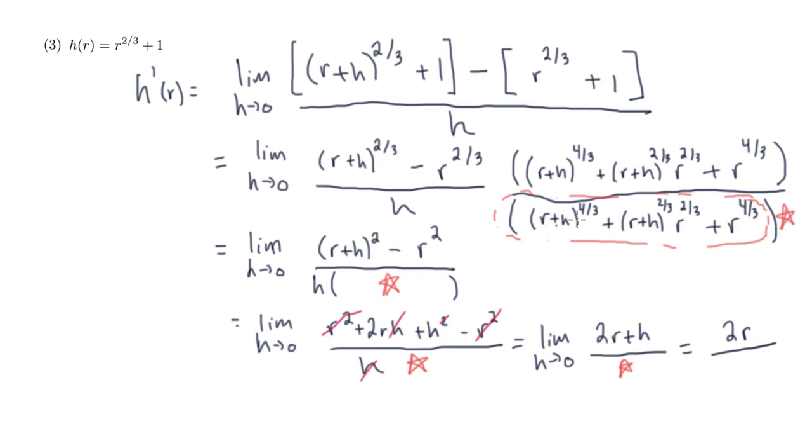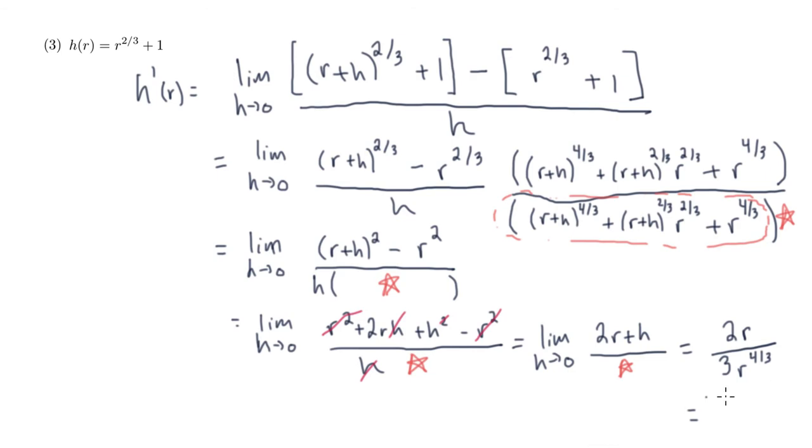Well, we're going to get r to the 4/3 plus, this is just r to the 2/3 times r to the 2/3, which is r to the 4/3, plus r to the 4/3. So we just have 3 times r to the 4/3, which, of course, we're excluding r from the domain here.